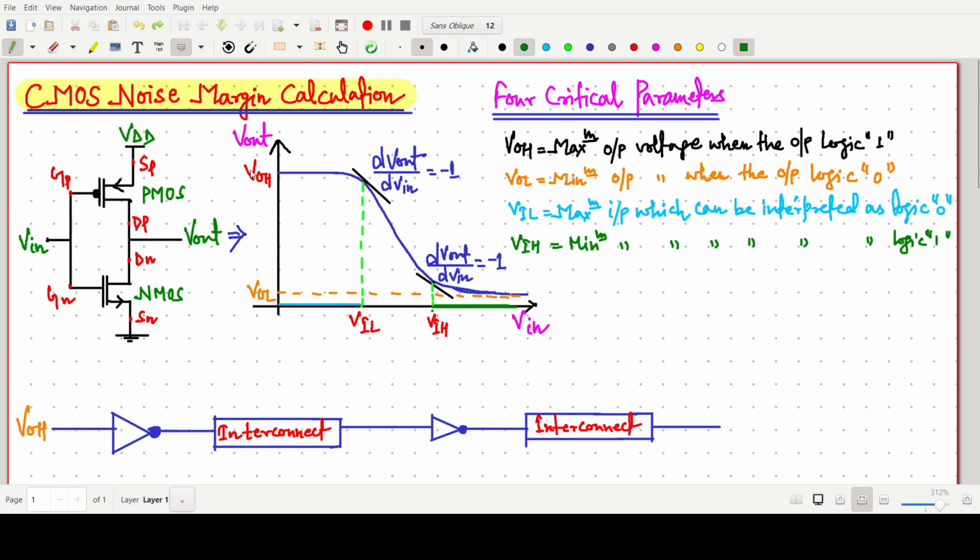There are two things in the noise margin. Before that I want to write the definition of noise margin. So what exactly does noise margin mean?